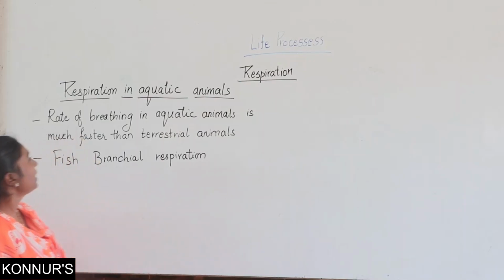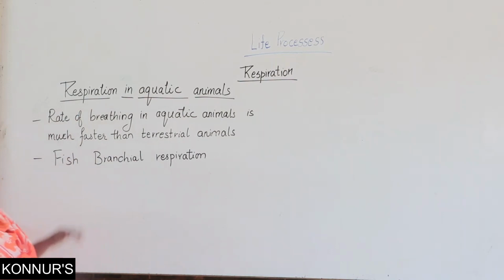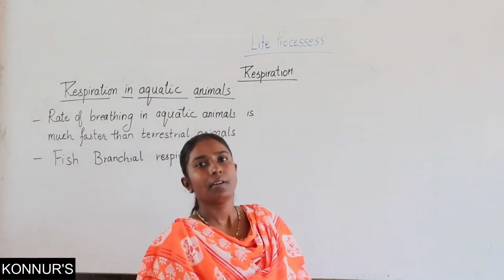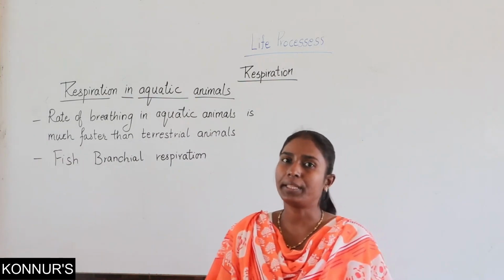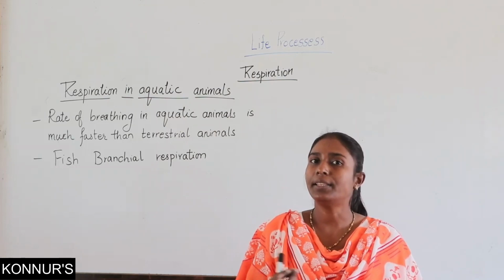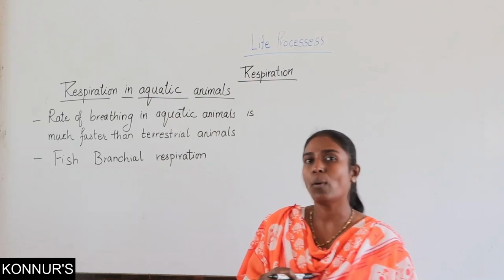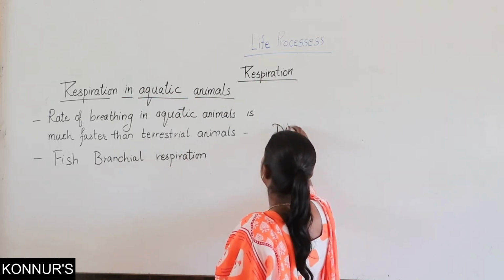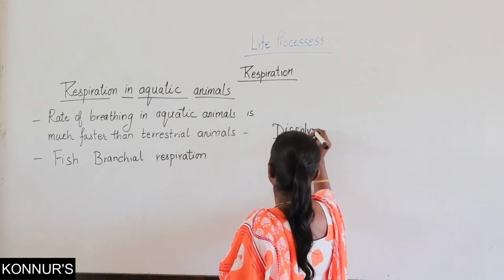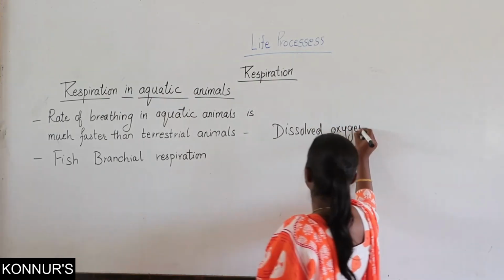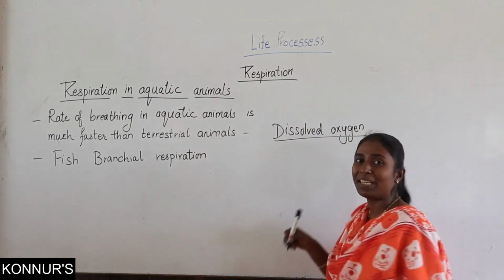Now let us see the way of respiration in aquatic animals. Remember children, the rate of breathing of aquatic animals is much faster than that of terrestrial animals. Why? Because they use the dissolved oxygen, the oxygen which is present in water.